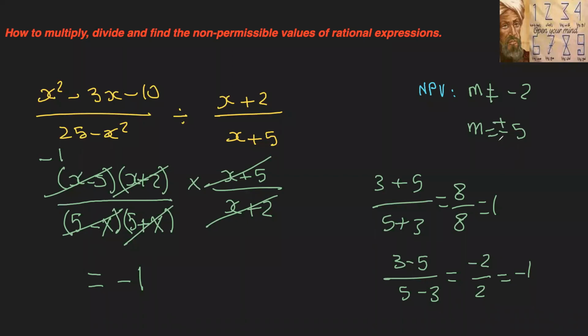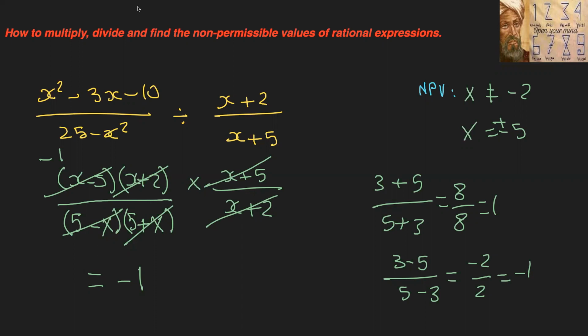So x cannot equal plus or minus 5. I don't know why I have m there. This should be x, because the variable in there is x, which doesn't matter really, x, m, n, z. So x cannot equal -2, and x cannot equal plus or minus 5.